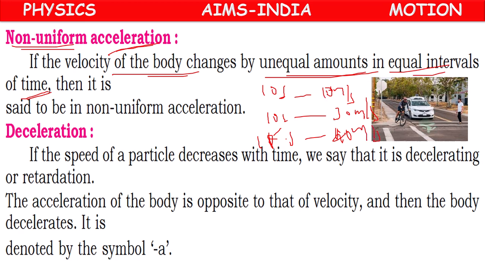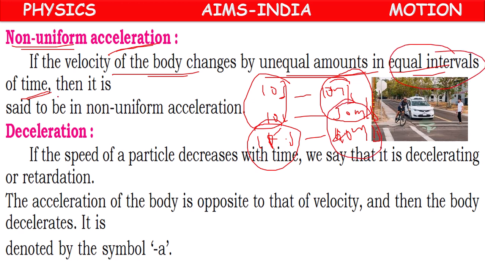First 10 plus 30, 20. 30 plus 10, 40. Here for 10 seconds 20 meters changed. Again for the next 10 seconds only 10 meters changed. Means equal intervals of time but unequal amounts of velocity change. We can tell that it is non-uniform acceleration.